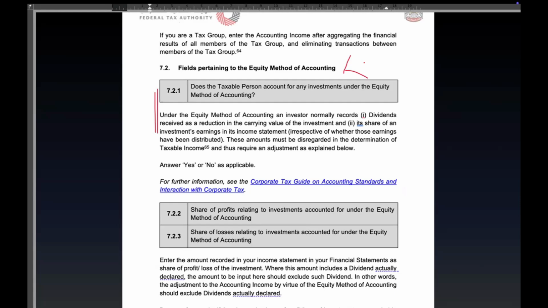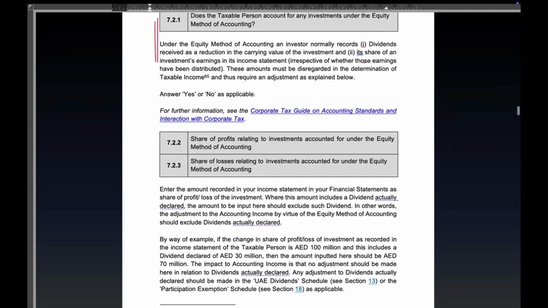So if you are getting a dividend from a resident juridical person, it will be straightforwardly deducted to arrive at your taxable income. But if you are getting this dividend from any person who is not a resident juridical person, this exemption will be subject to participation exemption conditions. We know that there are four conditions: 5% minimum, minimum holding 12 months, then the minimum tax, the investment we have to make. There are 4 or 5 conditions. Just look into those conditions, please.